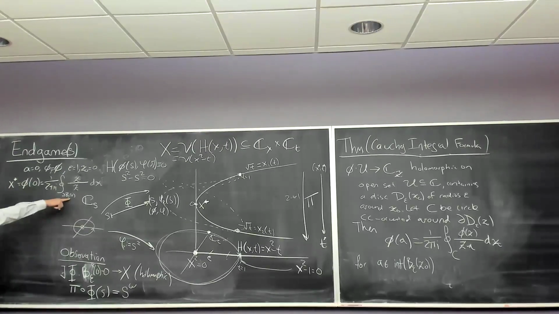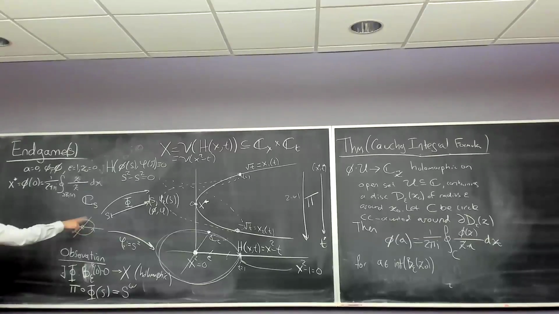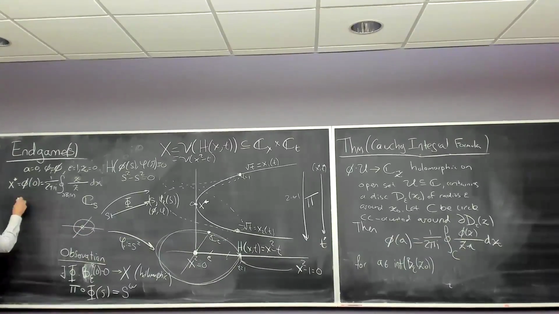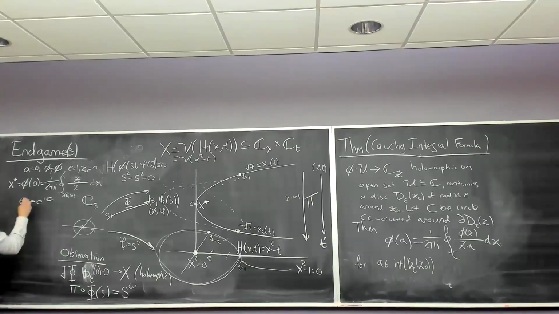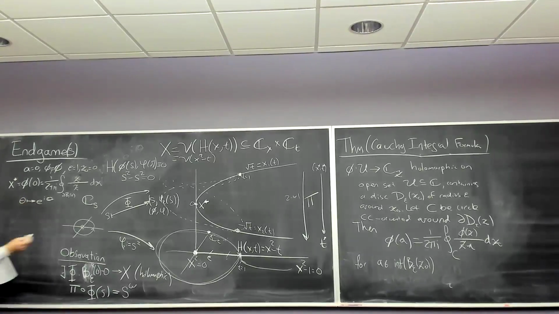We're going to parameterize this boundary by, say, theta. Theta goes to e to the i theta, right, and then theta is going to go from 0 to 2 pi.